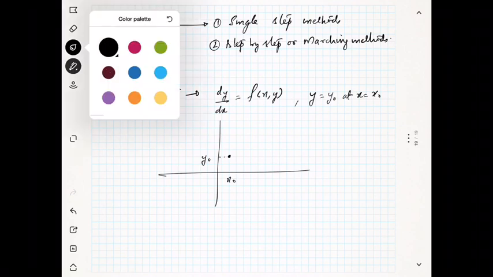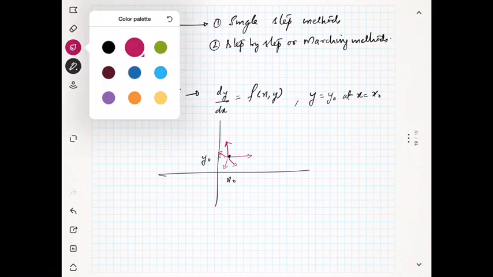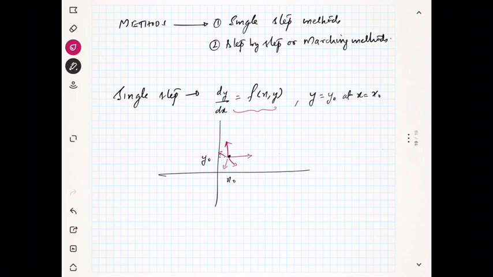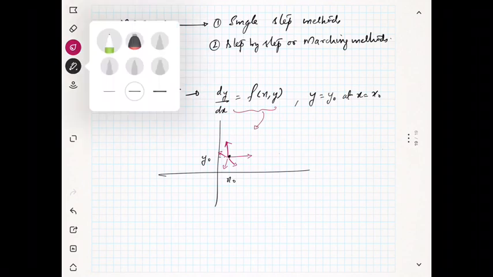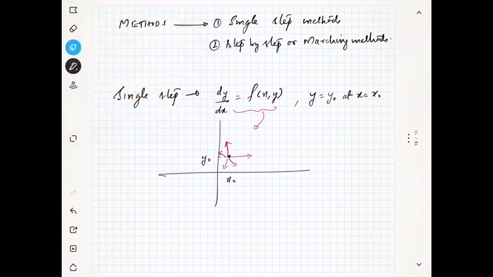In the next step, you can move in any direction, but you will be calculating the new point according to the differential equation, according to the function. Suppose you move in this direction and obtain a new point y1. So for some x1 you got a y1.